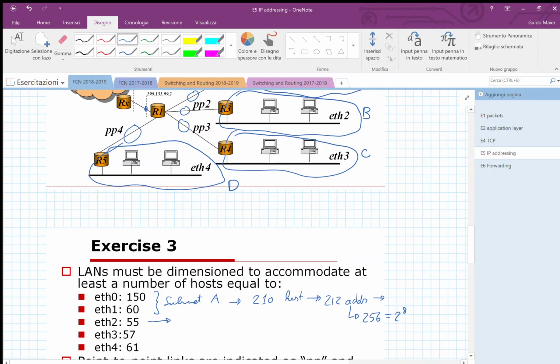In this case, we have 55 hosts, so we need 57 addresses. So we can stay with a block of 64. Okay. And the same in this case when we have 59.